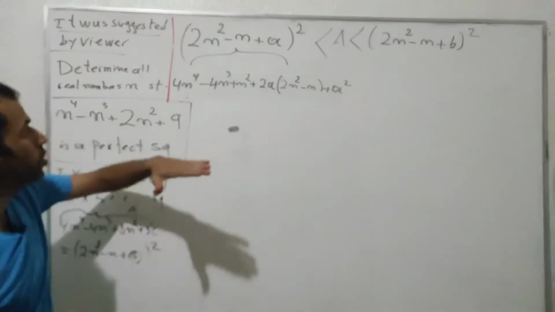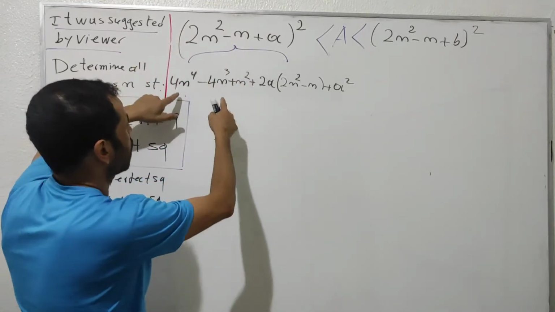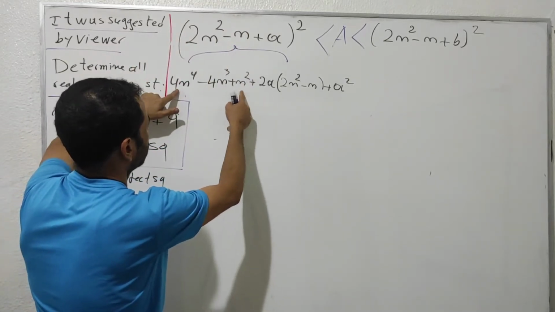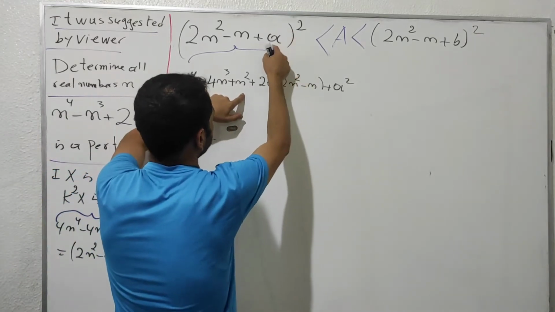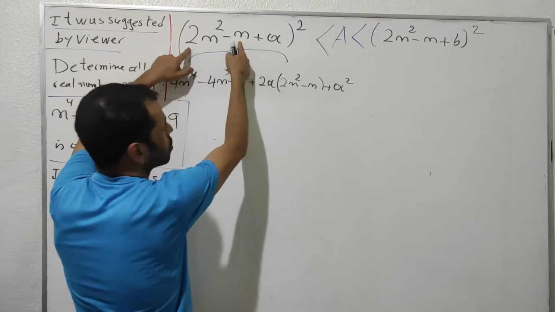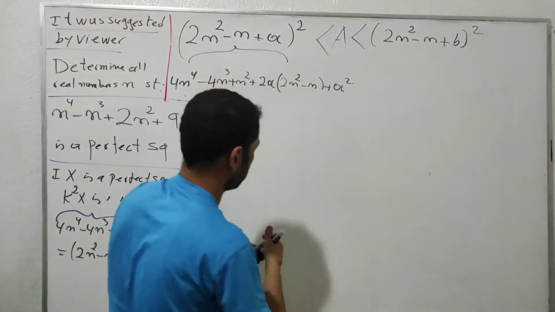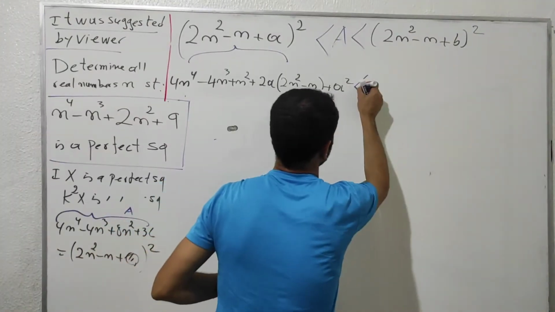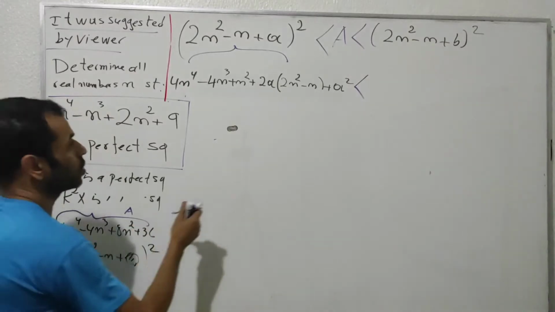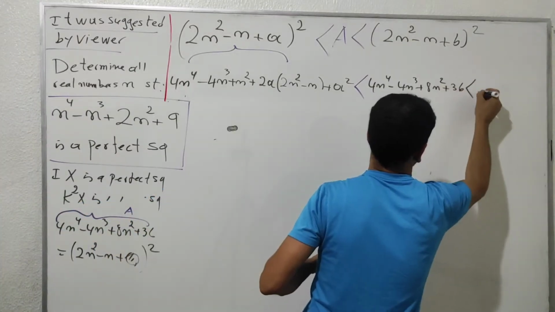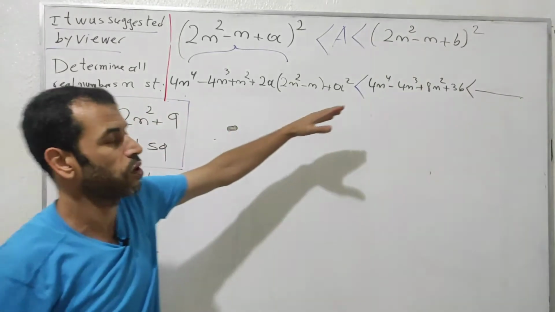What I have done here is put it together, square it, and expand it out. It came up with these three terms, then plus 2 times 2a multiplied by the quantity I got here, plus the last term a squared. Then this will be compared with A, which is strictly greater than this one. So we have to work on this one first, then we'll move on to the next one.